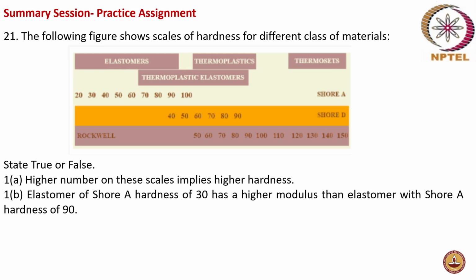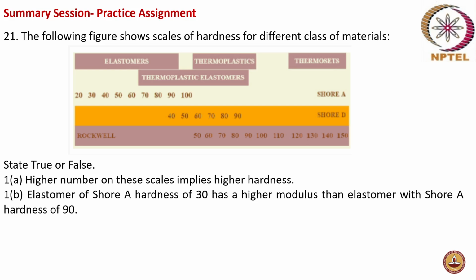Okay. Next, an elastomer of Shore A hardness of 30 has higher modulus than an elastomer with Shore A hardness of 90. Is it true? False. How do you say so? Modulus is stress by strain. And when the hardness is more, the modulus should be higher. So the statement is true. Sorry, I mistook the statement.